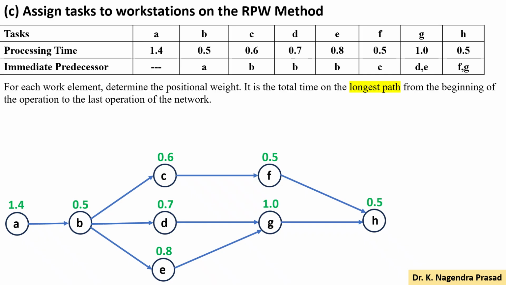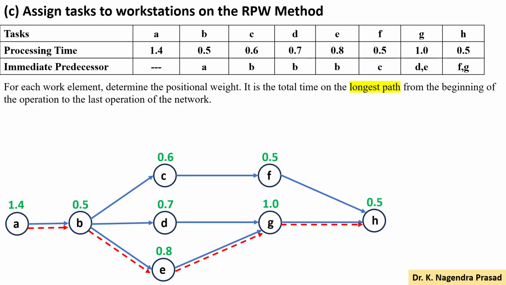First I determine the positional weight of task A. For this I observe the possible paths from the starting task A to the ending of the network, that is H. Among all the paths I have to select the longest path. So for task A, this is one of the paths, starting from activity A to reach the end of the network, task H.